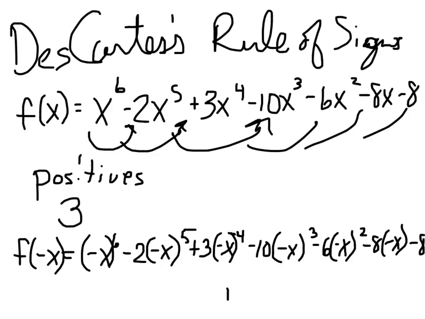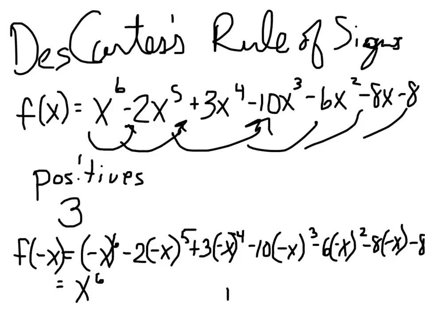Why did you put a negative x in? All it's telling you is I want you to replace x with negative x. If I took a negative 6 times, is that a positive or a negative answer? Positive. So that is a positive x to the 6th.